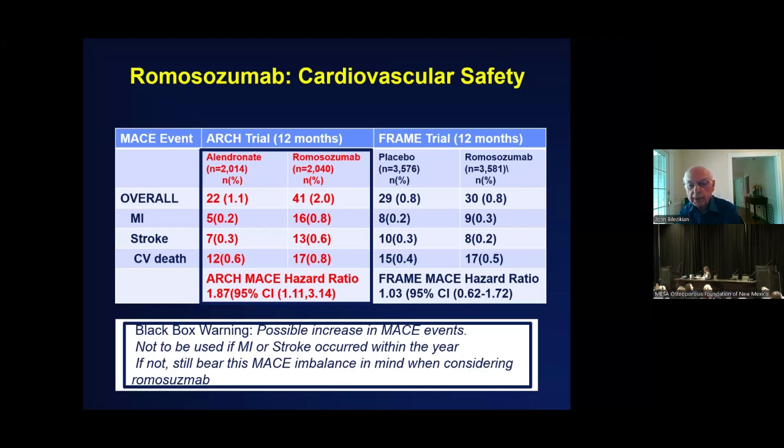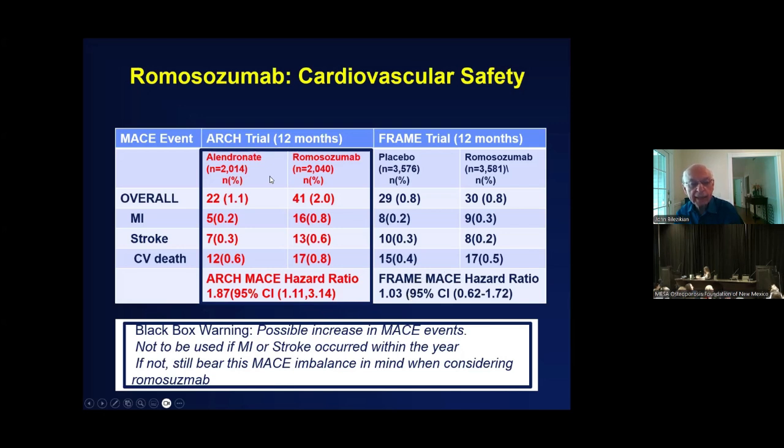The placebo-controlled study in the black font, if you look at MACE effects, major cardiac effects, all of them, MI, stroke, cardiovascular, all put together, there were no numerical differences, either when they were all taken together or when they were individually assessed. The hazard ratio crossed 1, not significant.